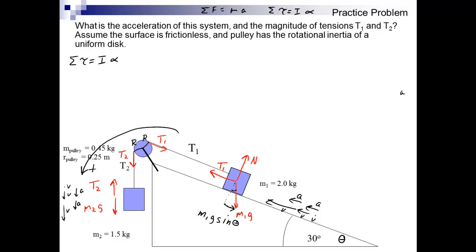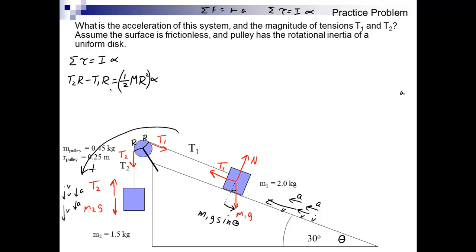So I've got two torques. We're calling this direction for T2 positive. So let's call that first torque T2 times R, the lever arm, minus T1 R. And that'll equal I alpha. It's a disk again, so this part will be 1/2 MR squared times alpha. So that's the part that's the rotational inertia.